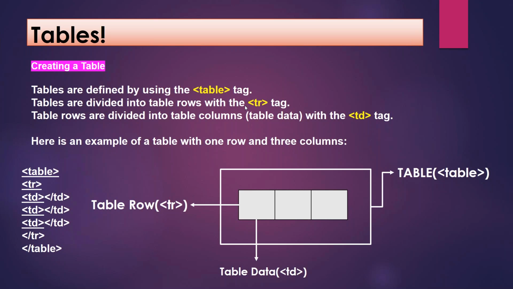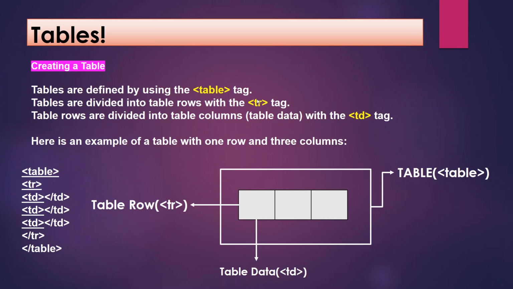HTML defines it in a simpler manner. The rows of the table are named by the table row tr tag. It is always important for us to understand your column. Each and every column is associated with the row.